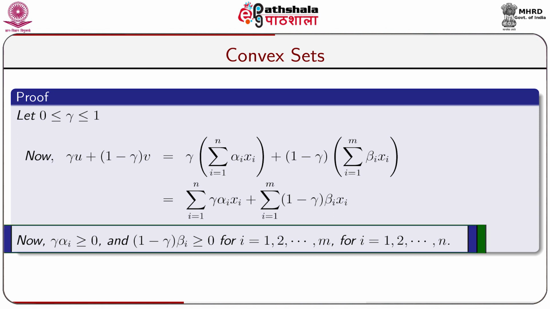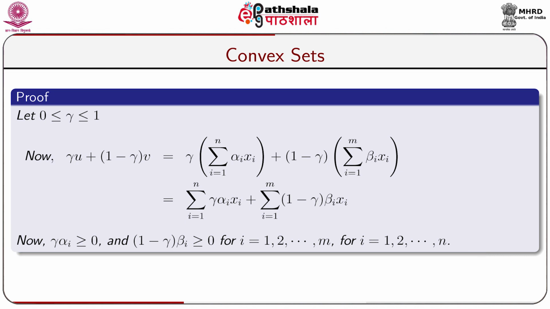Now, gamma alpha i is greater than or equal to 0 and 1 minus gamma into beta i is greater than or equal to 0, for i equal to 1 up to n and i equal to 1 to m.